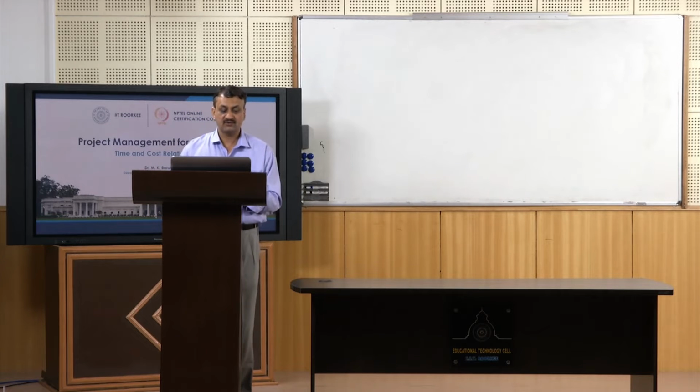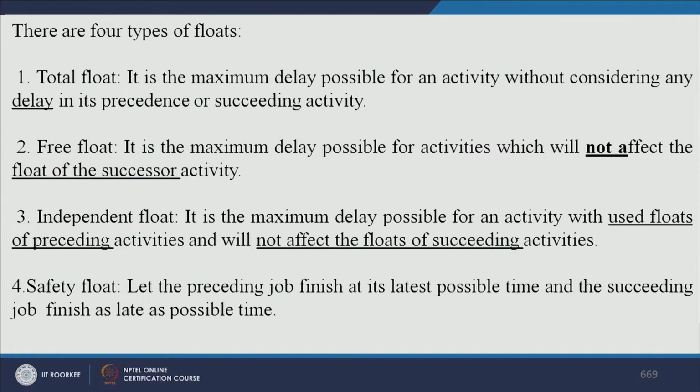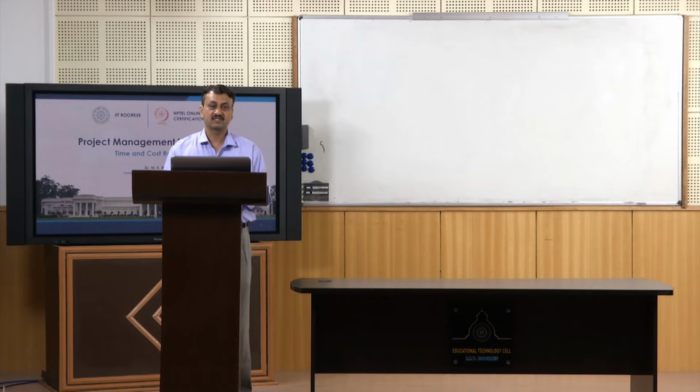And safety float. So safety float you can calculate when you finish the preceding job as late as possible and succeeding job is finishing as late as possible, right? So both the jobs, preceding and succeeding jobs are finishing as late as possible, right? So the difference between them minus duration of the activity.